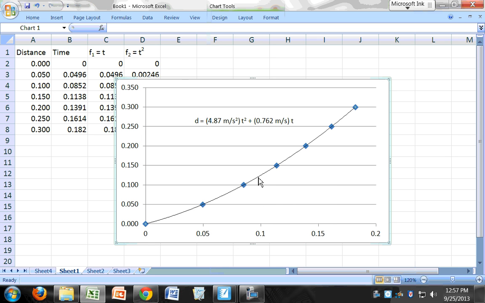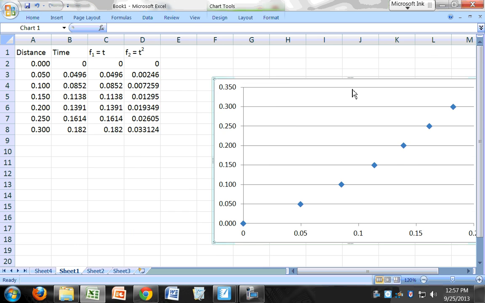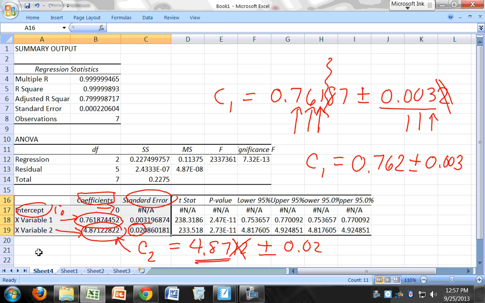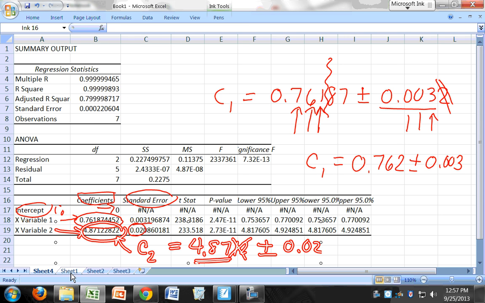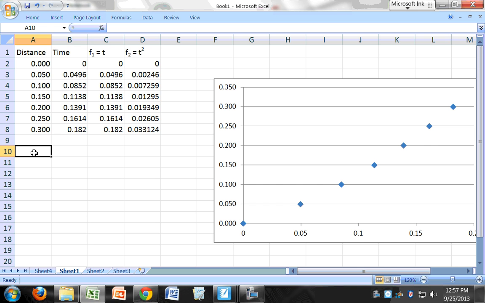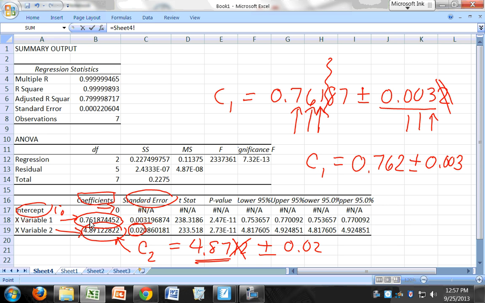All right, so I'm going to get rid of this trend line right here, delete. I know my coefficients, right? These are my coefficients, so I'm just going to copy that. I'm just going to say, all right, I know my C0 is 0. So I know my C1 is how much? I'm going to put my C1 here.